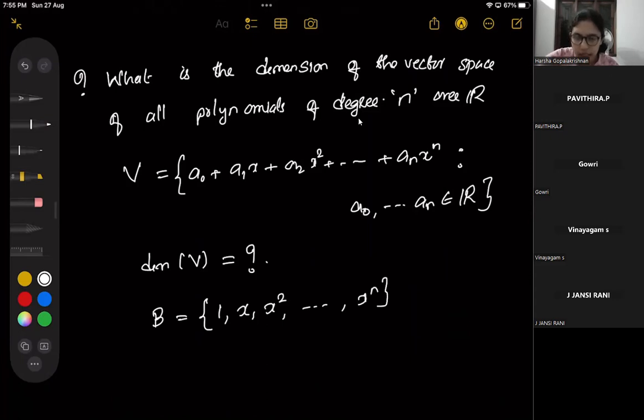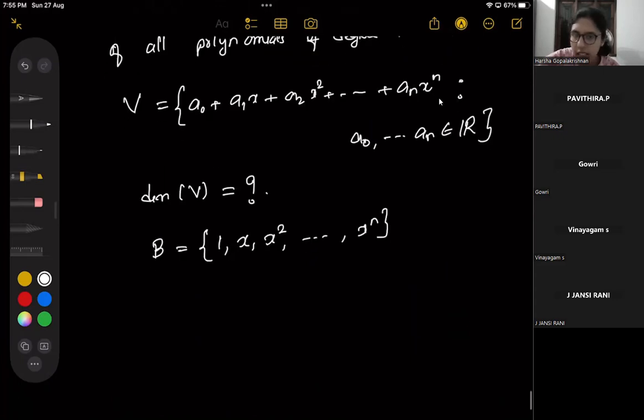If I take a general polynomial a0 plus a1x plus etc. an x power n, this polynomial is actually spanned by this set. I am just multiplying with the constants: a0 into 1 plus a1 into x plus a2 into x squared plus etc. an into x power n.